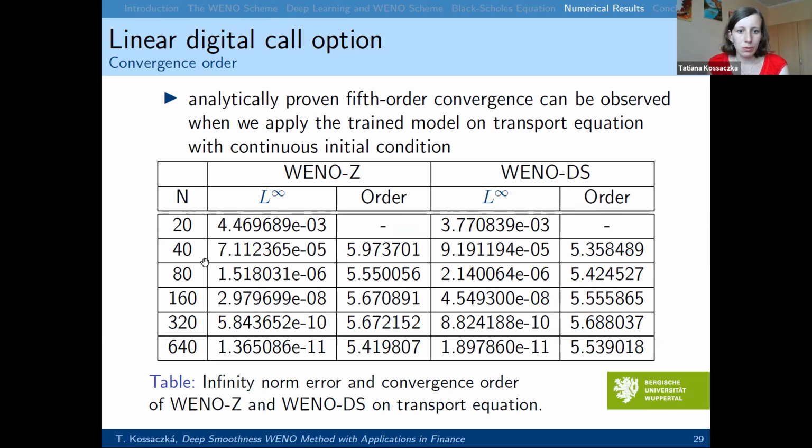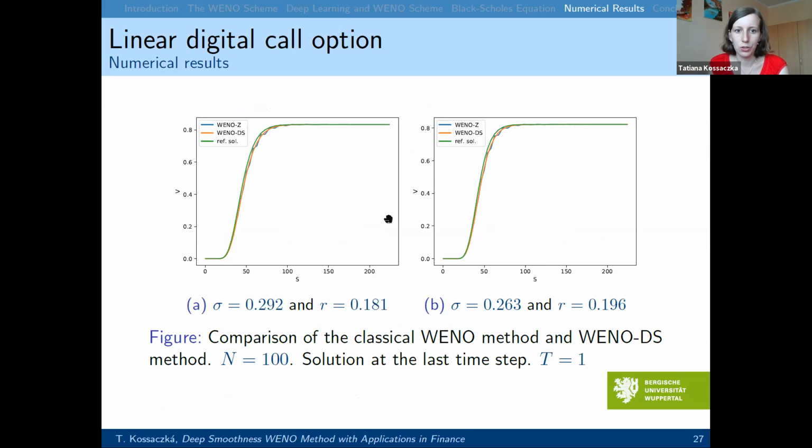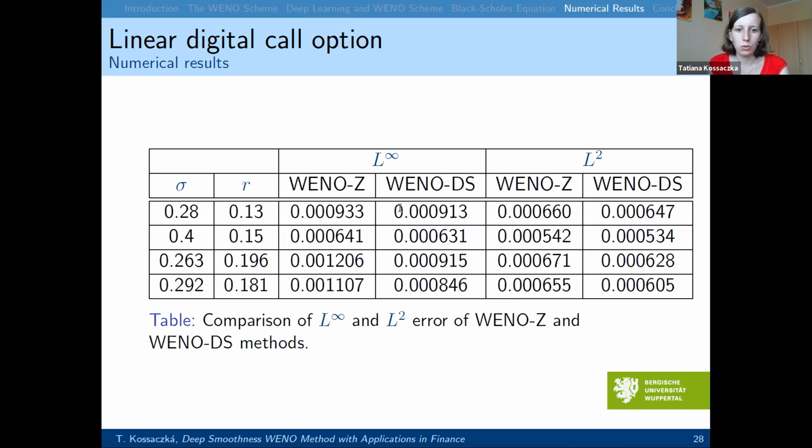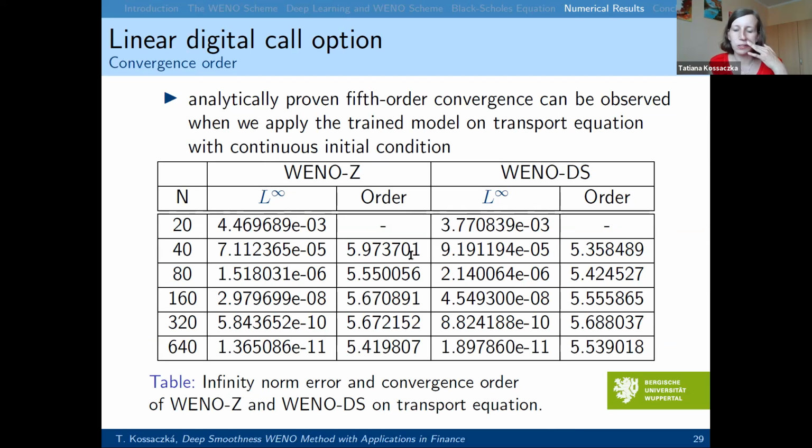What's also important to say is that we do not retrain the neural network in this case for different ends. Just how we trained it on this data of digital option, we just took this method and applied it to the transport equation, and as you can see, it remains convergent.